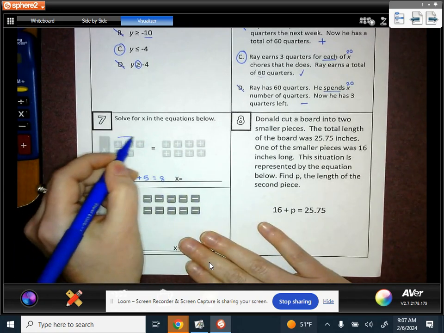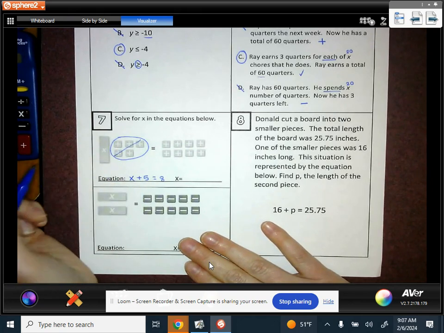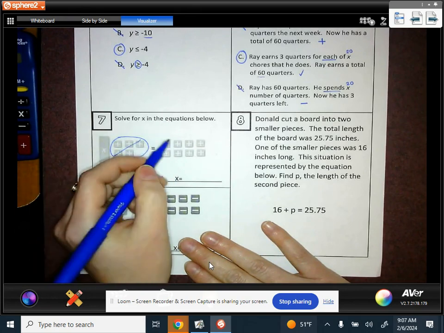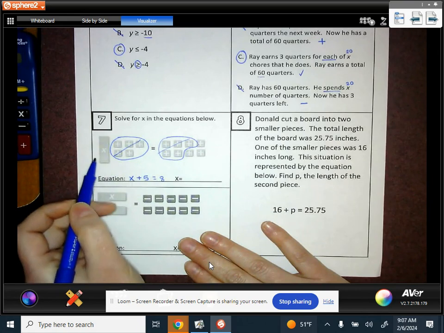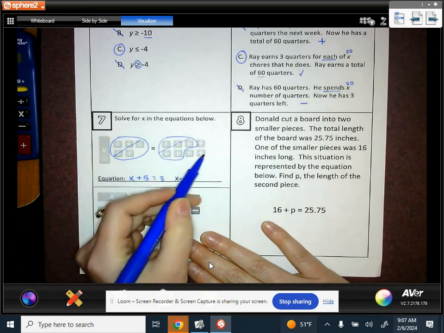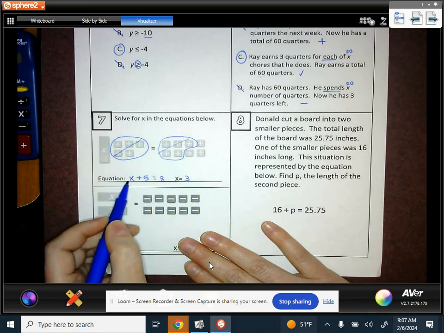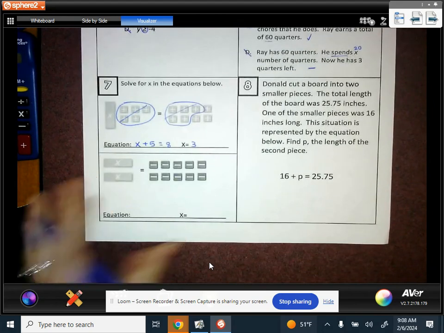Or remember we said these are like X's annoying little siblings, and he's like, get out of my room, right? But whatever we do to one side of the equation, we also have to do to the other side. So I'm going to also get rid of 5 over here. So that leaves just X over here, and it leaves 3 positives over here. We can double check that because 3 plus 5 does equal 8. So we know our solution was correct.